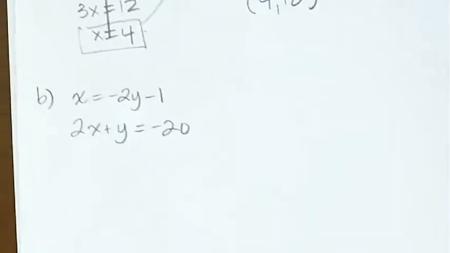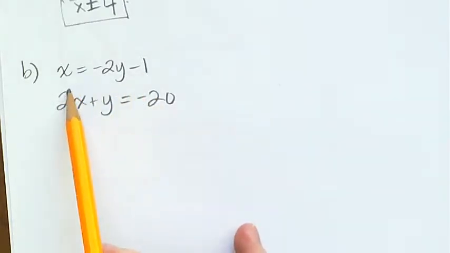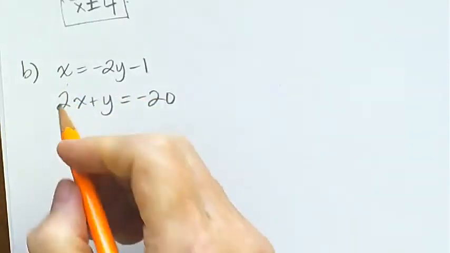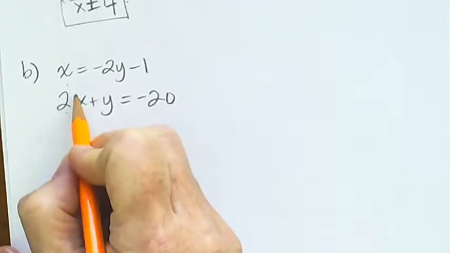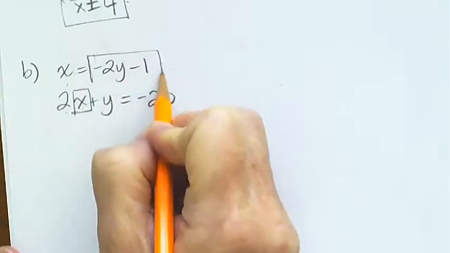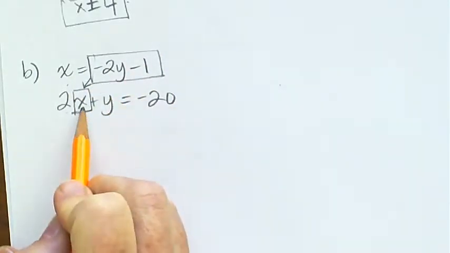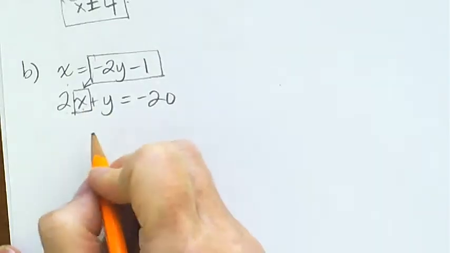Okay, part B, we want to use substitution because we've got one of our equations in terms of a single variable. So I'm going to rewrite this equation, and when I see x, I'm going to swap it out with negative 2y minus 1. So we're substituting for x in the next expression.